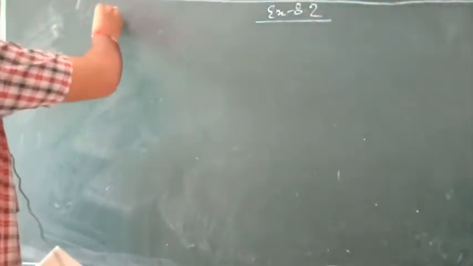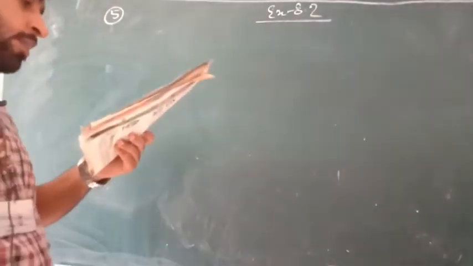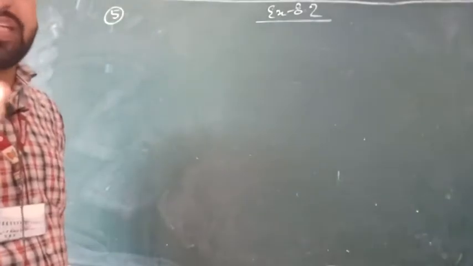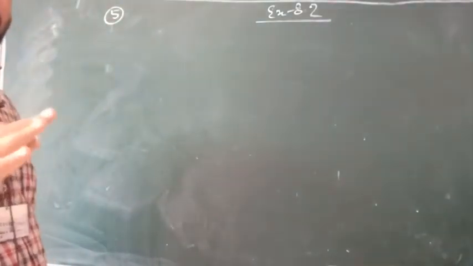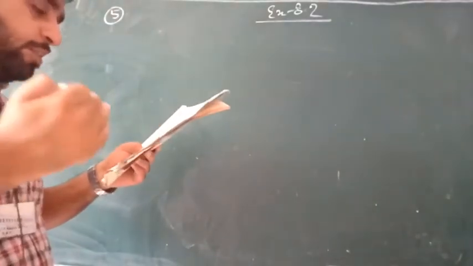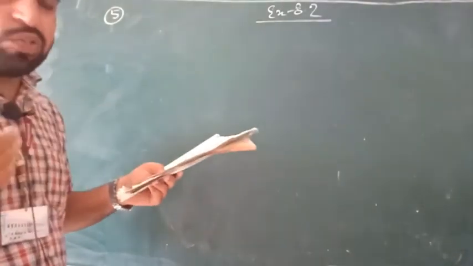So question number 5, that is, a VCR and TV were bought for rupees 8,000 each. That is, CP is given to us. So what is the CP of VCR as well as TV? That is 8,000 rupees.